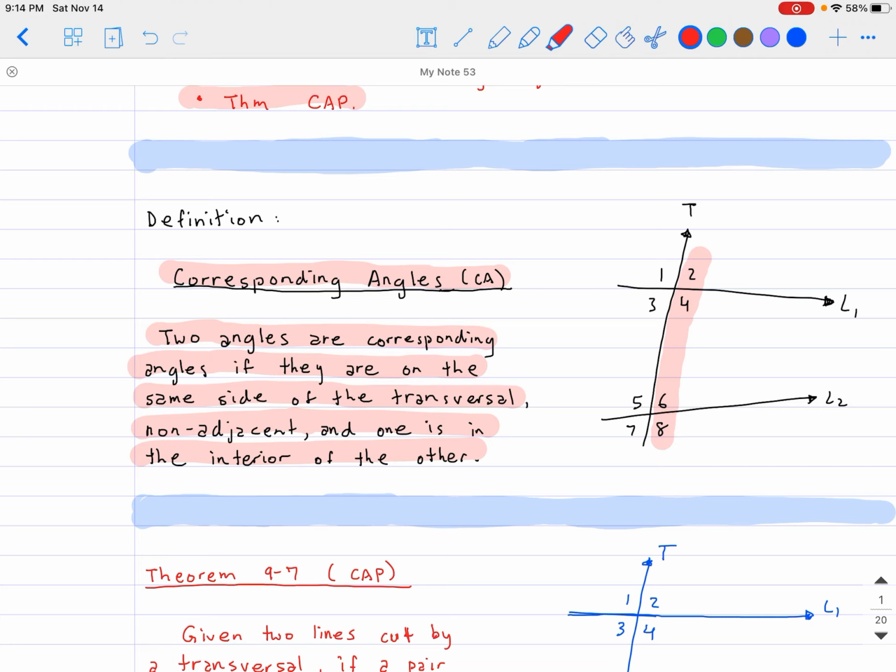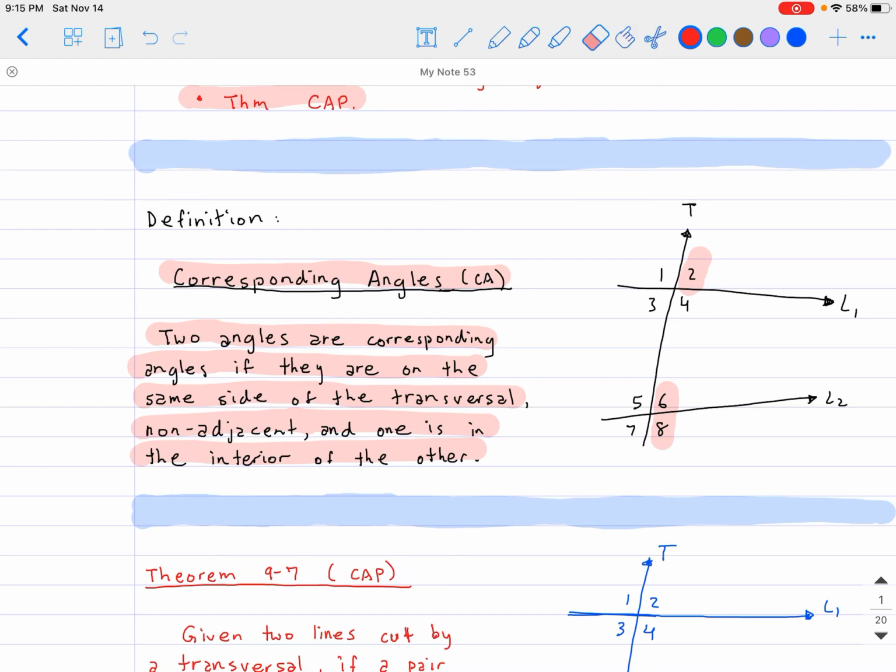Now to eliminate some of these, I need to make sure that those are not adjacent. So if I'm looking at angle 2, then I am definitely not looking at angle 4. So I'm going to make a quick erasure of that part right here to eliminate that. So that means now if I have angle 2, then either angle 6 or angle 8 is going to be the corresponding angle. Then the final part is that one of the two angles would have to be inside the interior of the other.